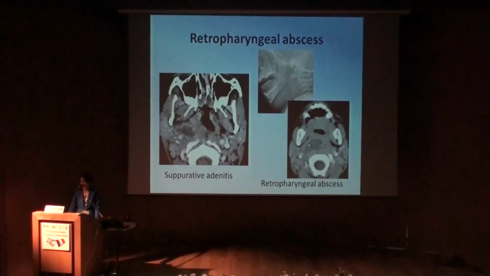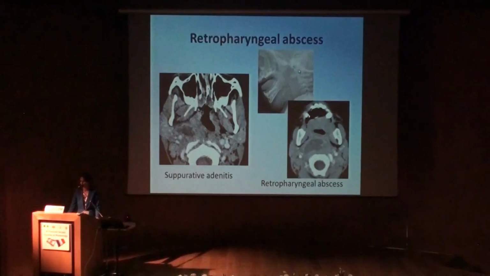And similarly, we can also have an actual retropharyngeal abscess, either from extension of this adenitis or from the peritonsillar abscess continuing to the retropharyngeal space.